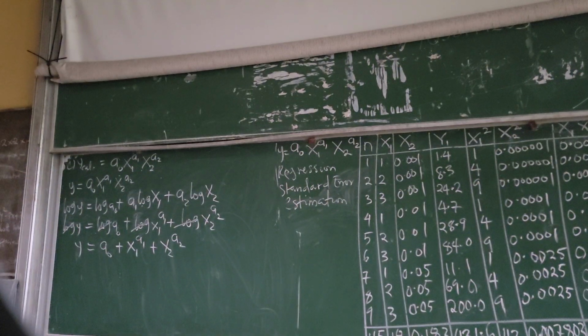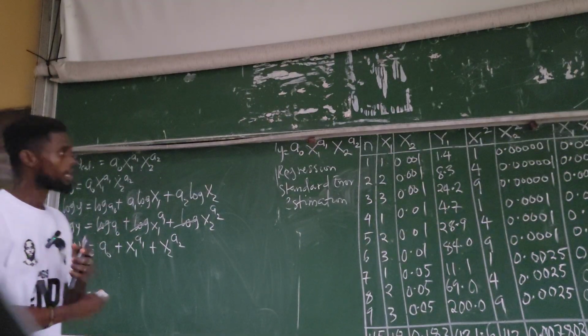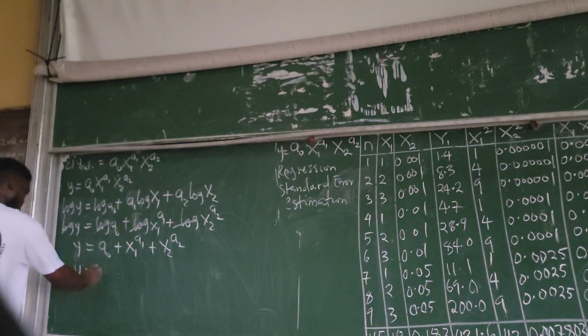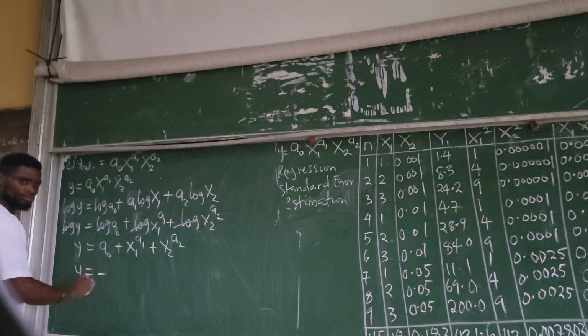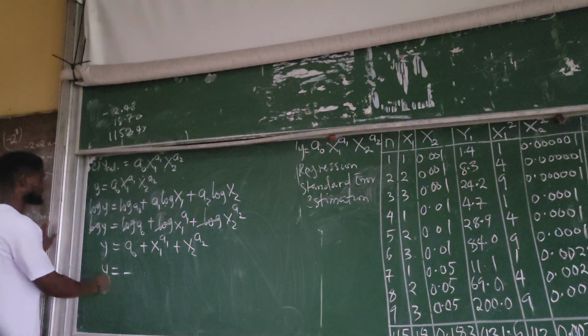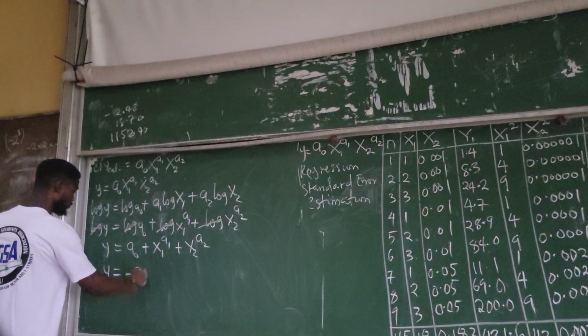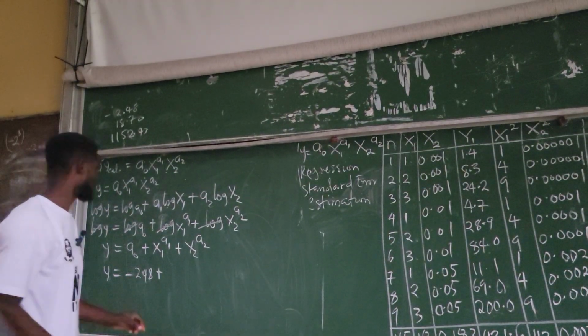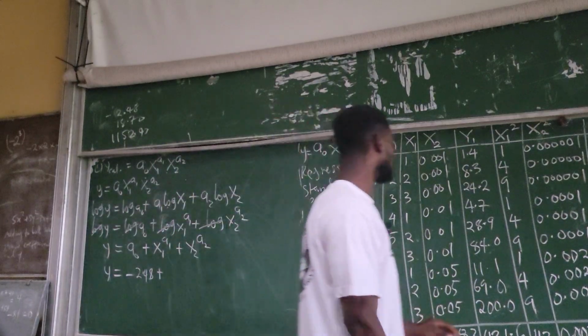We know our A now, so let's substitute into Y. For A0, we have minus 2.48 plus our x1 for that column.